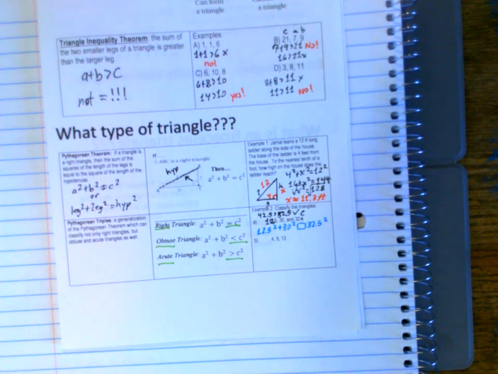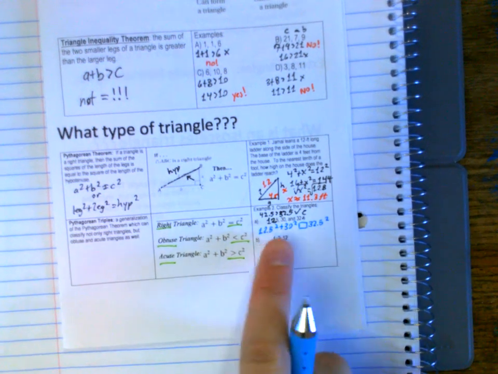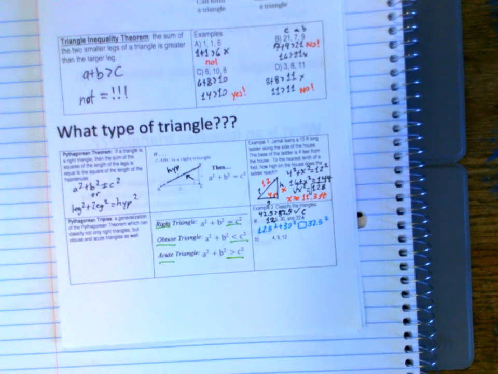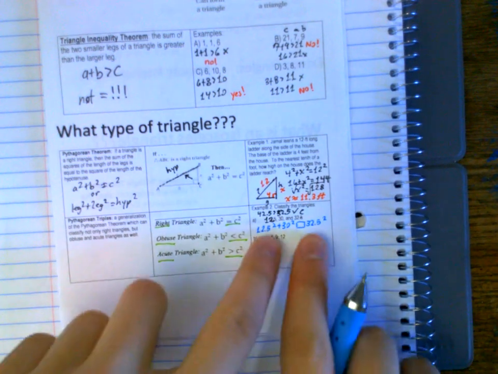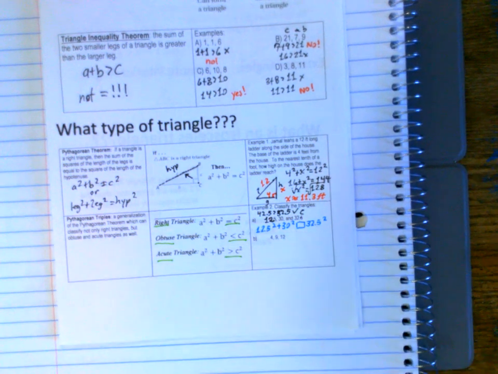If we square this value, is it going to be the same as the sum of these two, or greater than or less than? We're computing to see which of these inequality symbols we're going to use, if any. So somebody square 32.5, and somebody take the squares of the other two and add them.